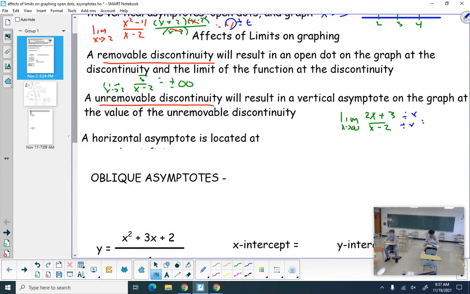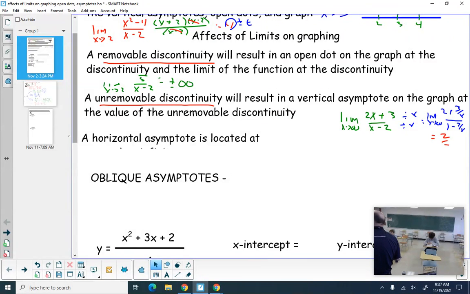So we would get the limit as x approaches infinity of 2 plus 3 over x, over 1 minus 2 over x, dividing through by x. Anything over x goes to 0, so we get 2 over 1, which is a value of 2. Now, as x gets bigger and bigger, the y value is going to approach a value of 2.